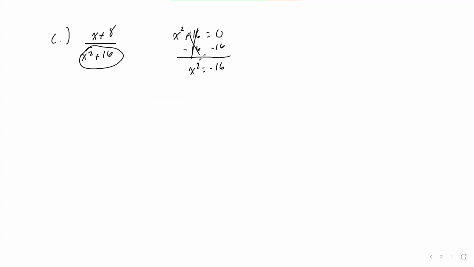And we talked about to get rid of a square, we're going to take the square root. The issue we come up with is the square root of a negative is not a real answer. So if you cannot solve for x, that would mean there are no values. Or I guess in this case, there are no real numbers that would make this undefined.